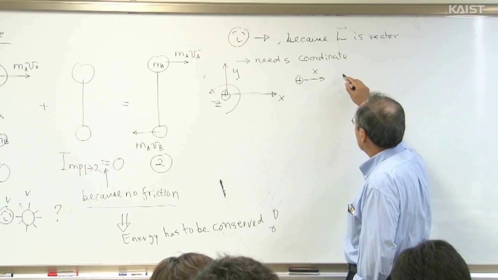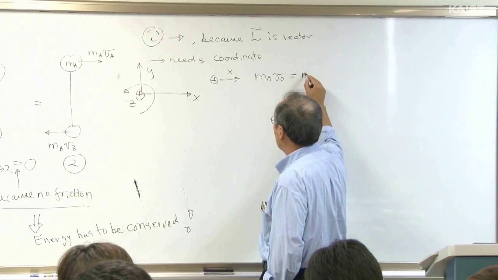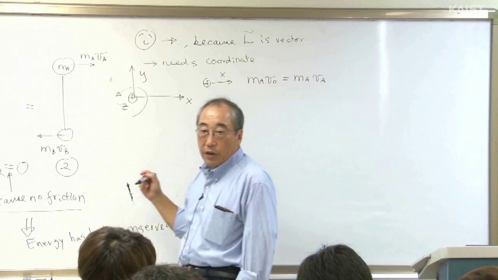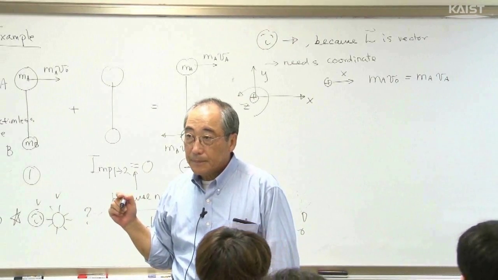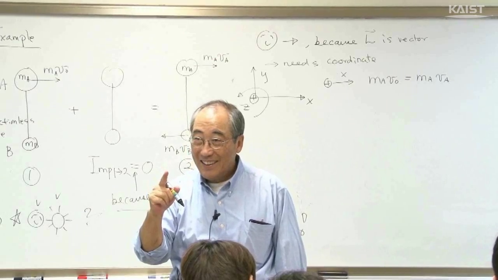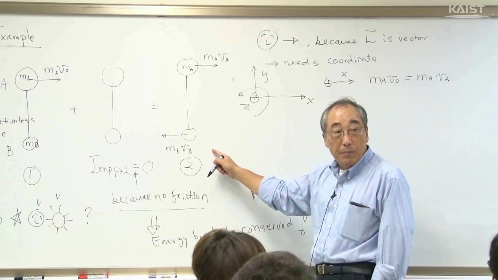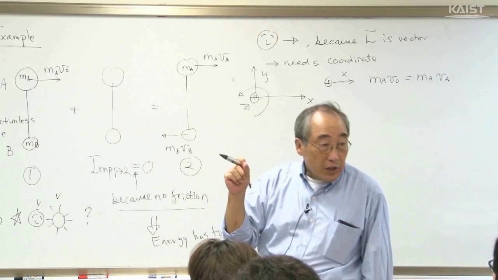Okay, I can see M_A V_0 is equal to M_A V_A. Therefore, M_A V_A equals V_0. Is it correct? Why? Okay, there is another M_B V_B, because you have to look at everything in the x coordinate.